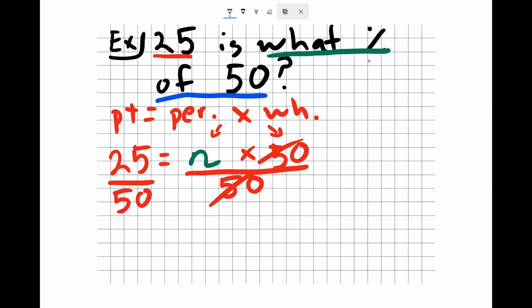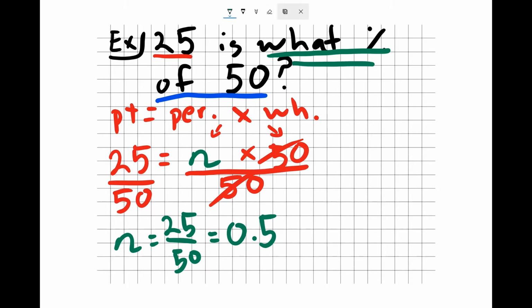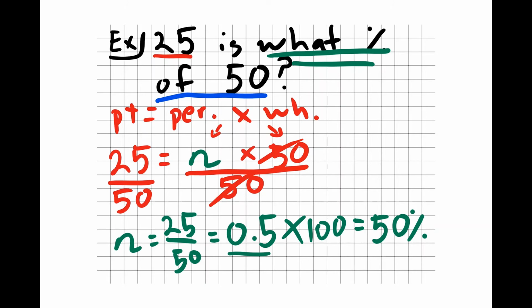These two are going to cancel out, giving you the answer n is equal to 25 divided by 50, which equals 0.5. Now, remember, it's asking you for a percent, and in our percent equation, the percent is expressed as a decimal. So if you are solving for a percent, if done correctly, once you have your decimal, what you need to do is multiply it by 100 in order to get your answer as a percent. Final answer, 25 is 50% of 50.